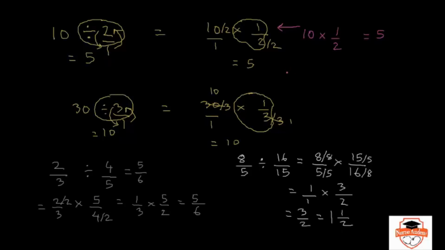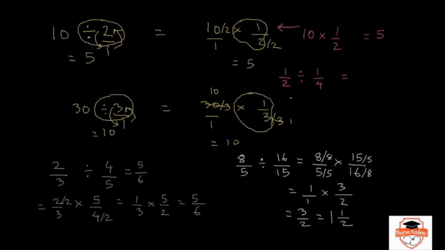Now let's say you are dividing 1/2 with something. The general notion is, since we are dividing 1/2, the final answer is going to be less than 1/2. But if you are dividing with a number that itself is less than 1, let's say you're dividing 1/2 with 1/4, let's find out what the answer would be.